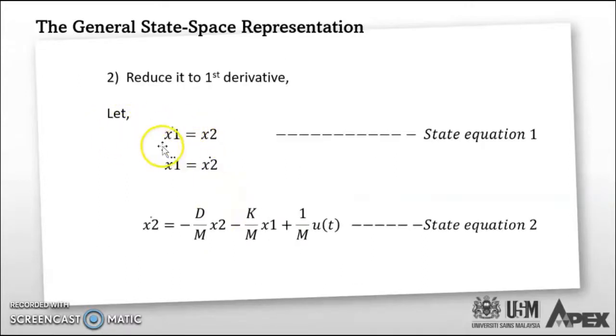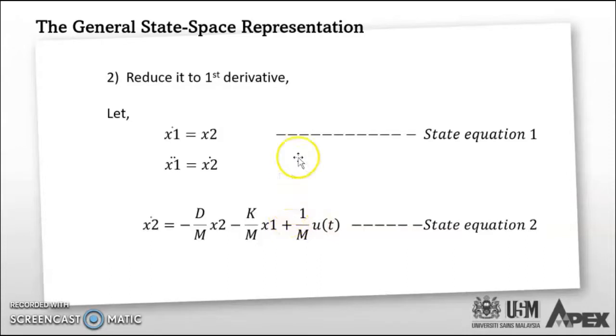If you could see here, if we have x1 dot and x2, if we take the derivative of both sides, it will become x1 double dot and x2 dot. Then we just replace it here. So x2 dot over here equals minus d over m x2 minus k over m x1, and then 1 over m u(t), which is the input.